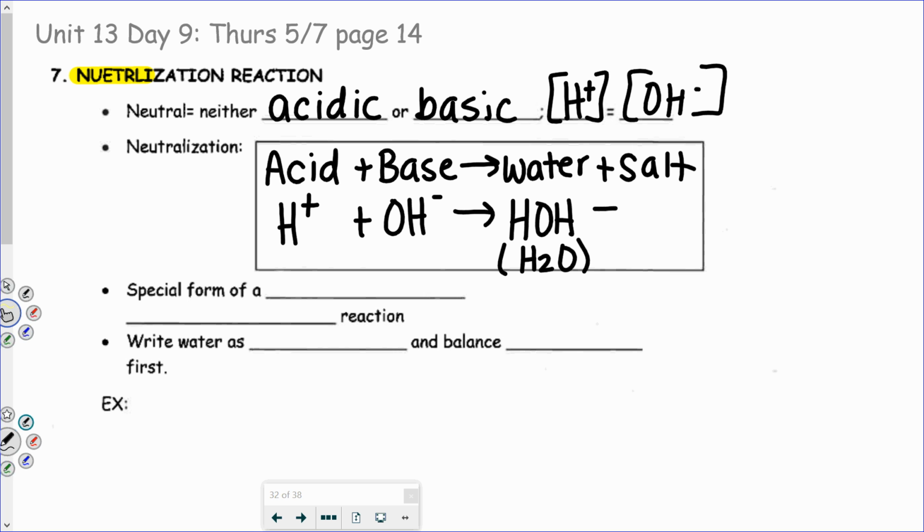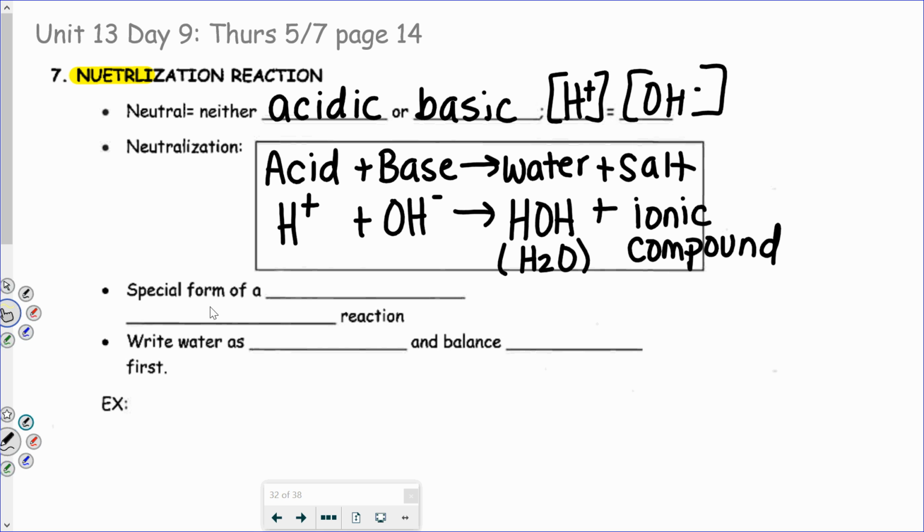And you get the other ions that are left over. There would be an anion here for the acid and a cation up front for the base. Those two would combine to form an ionic compound, which we call a salt. But for today, you want to make sure that you're writing water as HOH. Know that it's still water, we just rewrote it in a different way. It's going to make it really helpful.